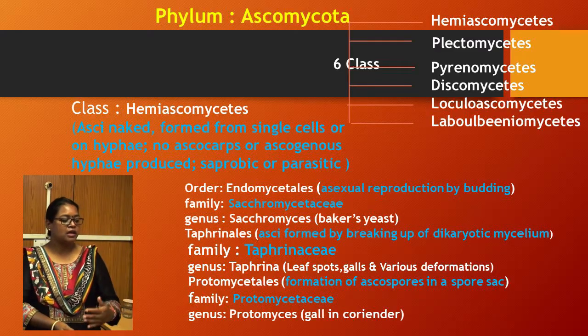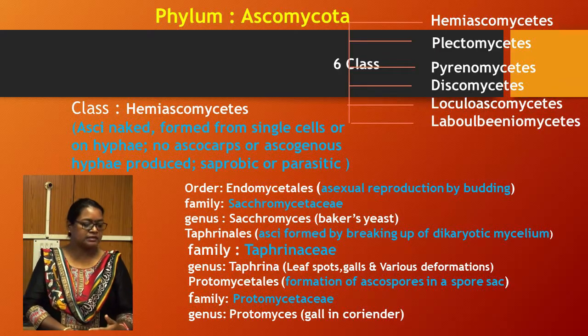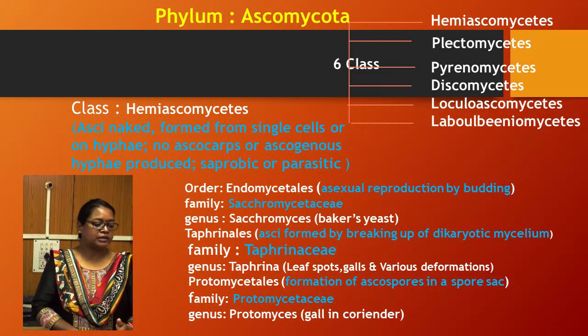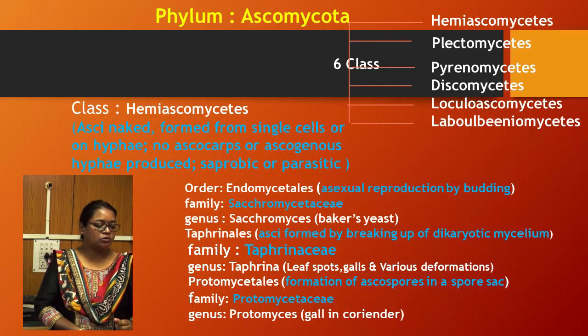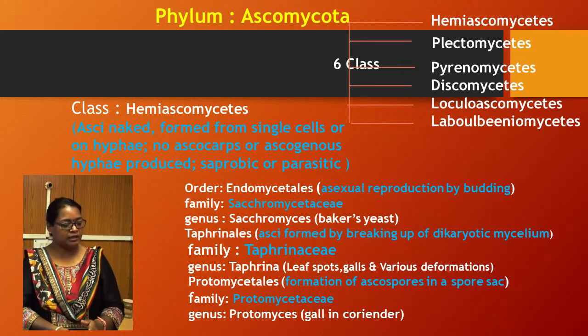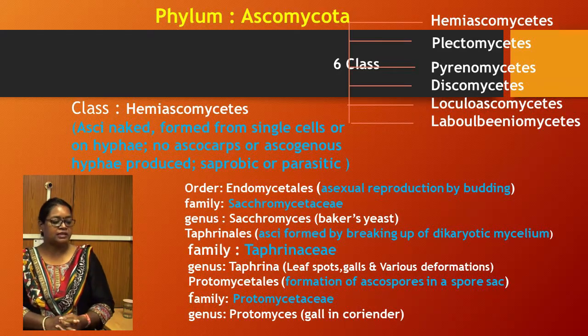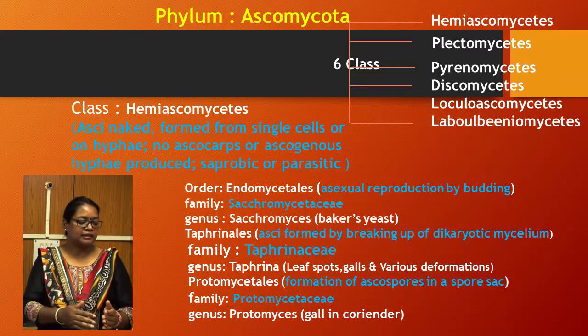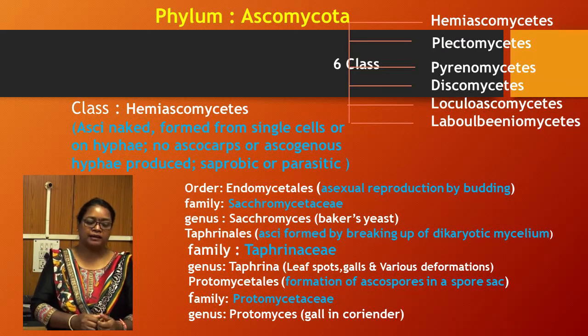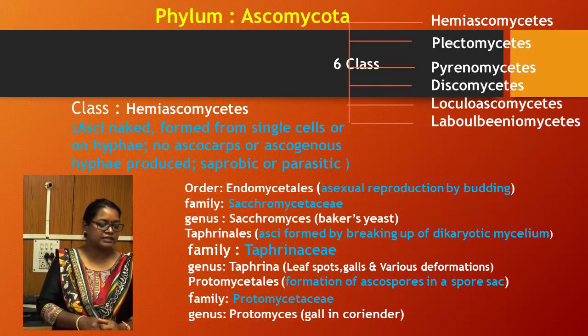The first order is Endomycetales. Their asexual reproduction takes place by budding. In the order Endomycetales, one important family is Saccharomycetaceae, having the genus Saccharomyces, which is also known as baker's yeast or sugar fungi.